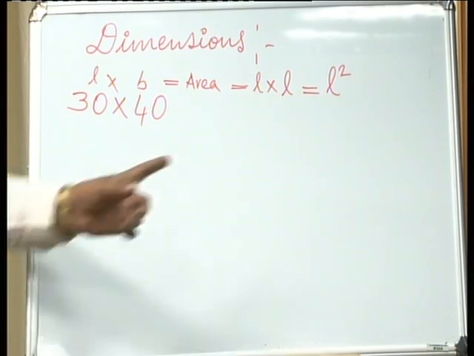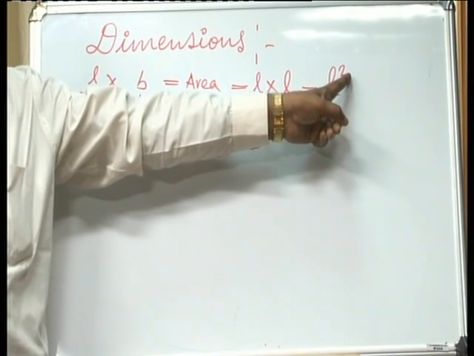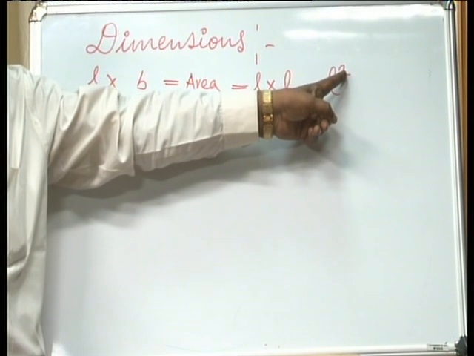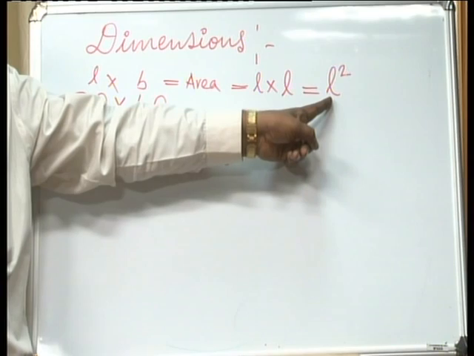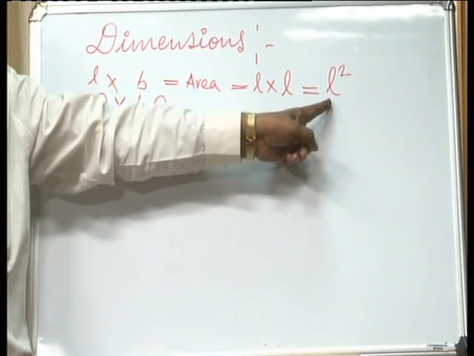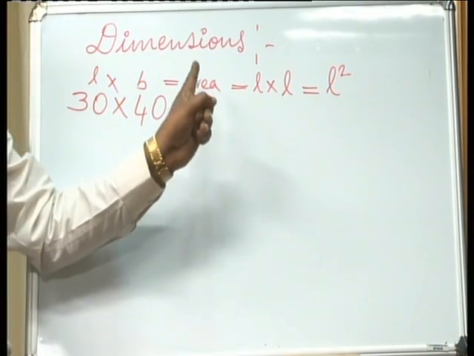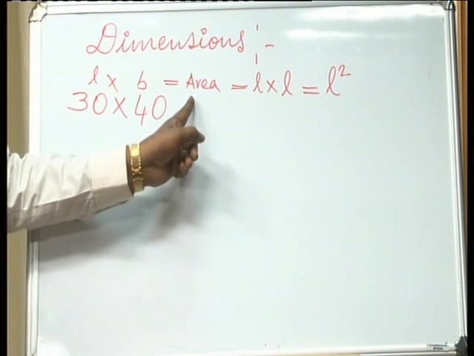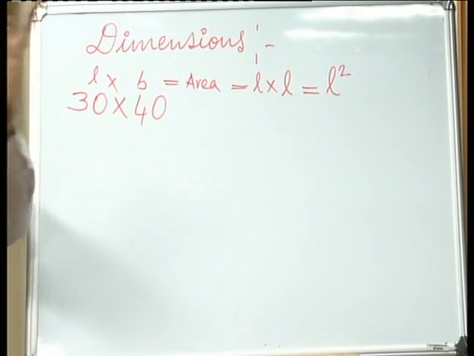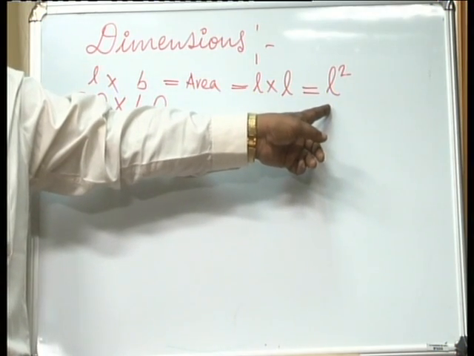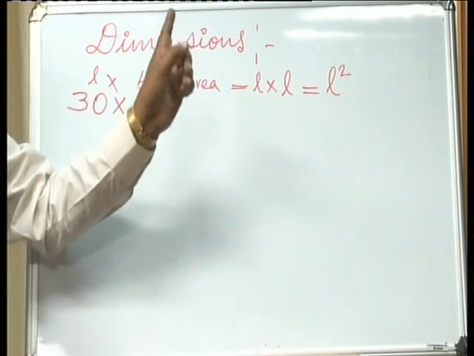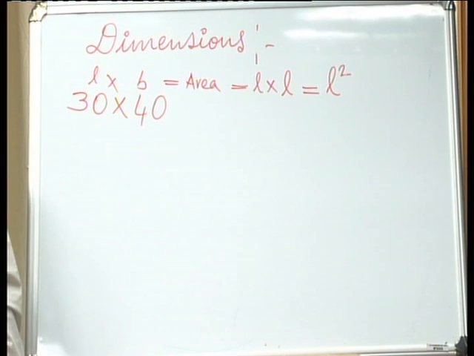It is simply the power to be raised on the fundamental quantity to express the unit of that physical quantity. So, the dimensions of any physical quantity you can define like that: powers to be raised on the fundamental quantities to express the unit of that physical quantity.